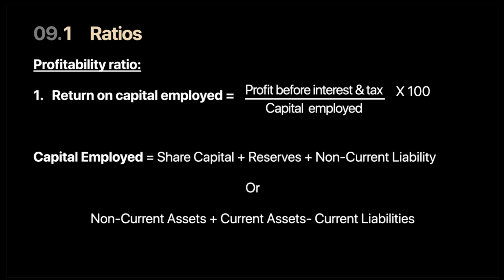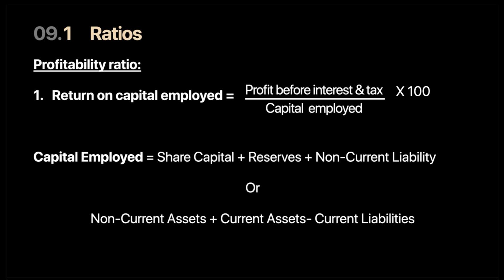So when a firm has to raise money or it starts, it has two options to raise its money from. One source is that the owners can give the money, which, if it's a sole trader, is a single owner. If it's a company, it's the shareholders. The other option is the company can borrow money, which is called non-current liabilities such as loans, etc. So I define capital employed as the total money that the firm has raised to finance the firm.